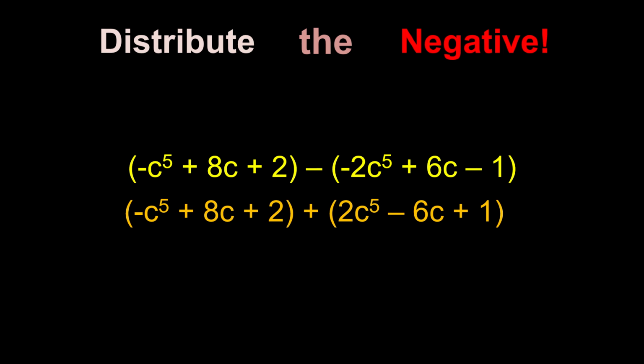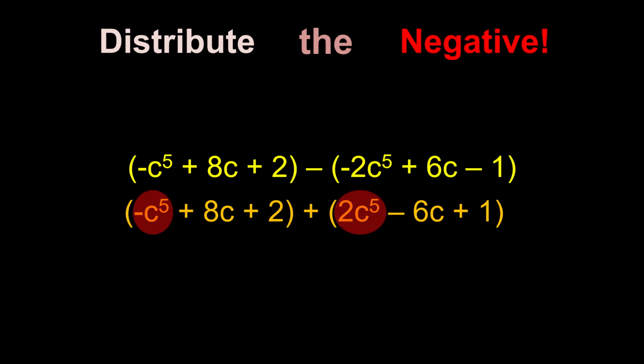So my negative 2c to the 5th became a positive 2c to the 5th because it was minus negative. My 6c, which was positive before, is now minus 6c or negative 6c because I had minus a positive. And lastly, when I had negative 1, that became minus negative 1, which becomes a positive 1 or a plus 1. So now that we've changed that, we're going to just solve it just like we did our other ones.